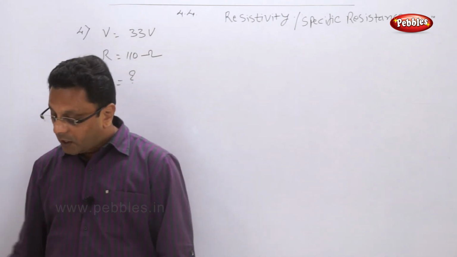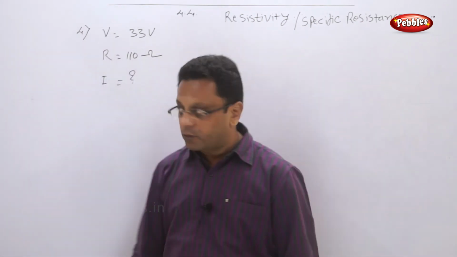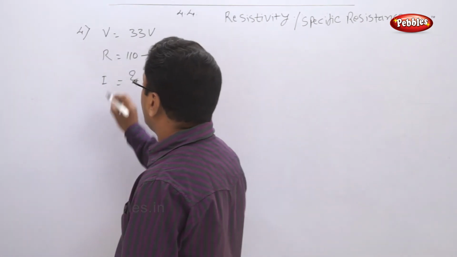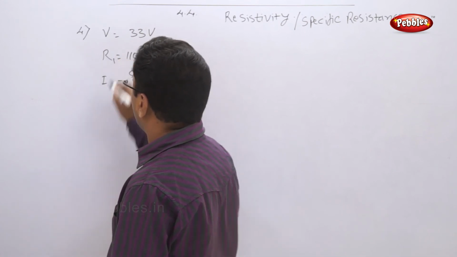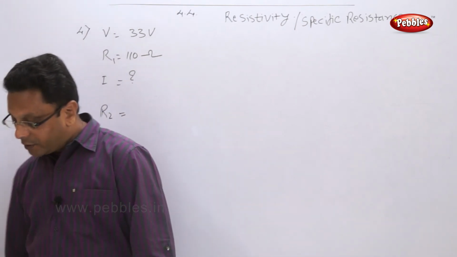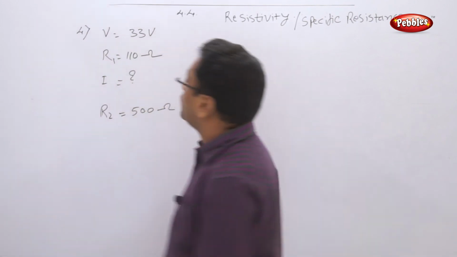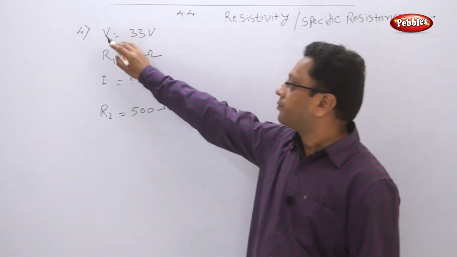Second part: if the same current is passed through a device whose resistance is 500 ohms, how much will be the potential difference?